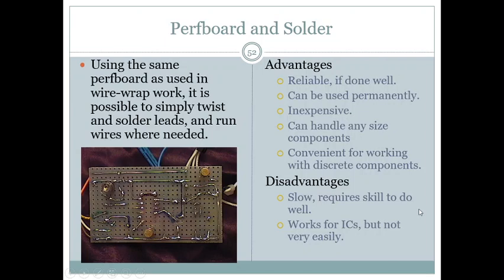The next is the perf board and solder. You have a board full of holes, so you can insert the components, but nothing other than that. So you need wires, routing, and soldering to build a circuit.